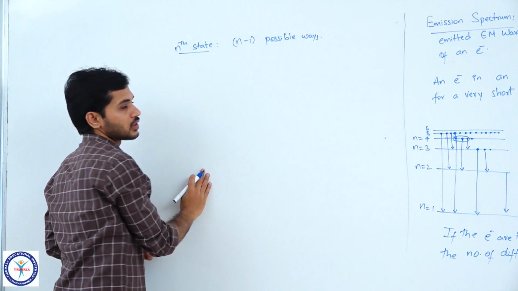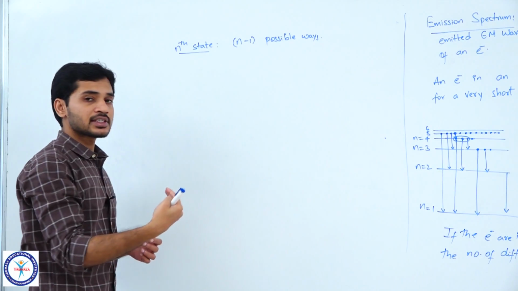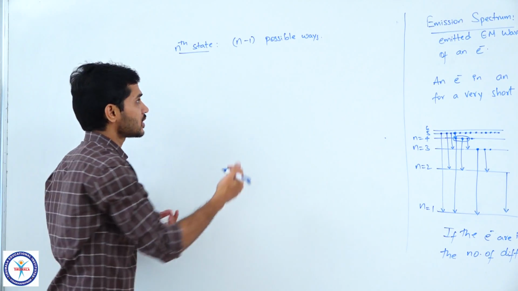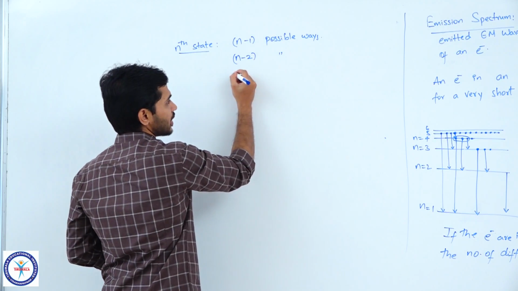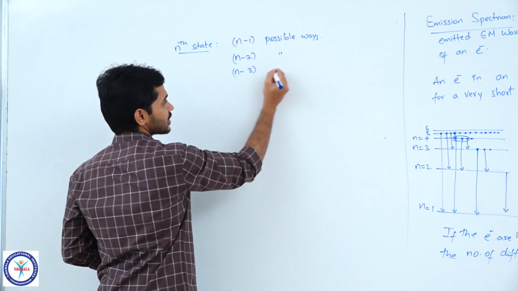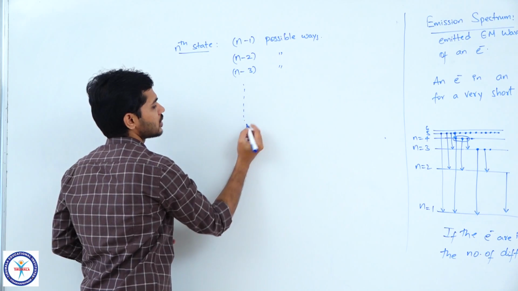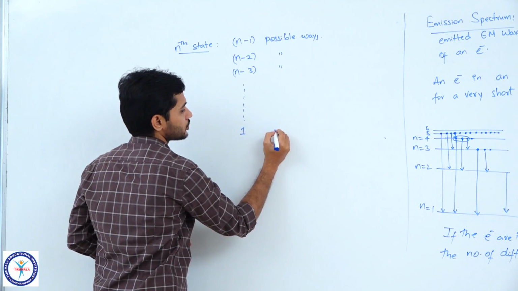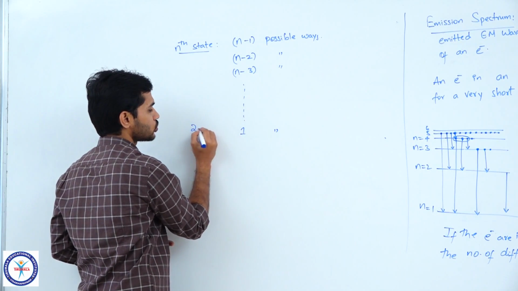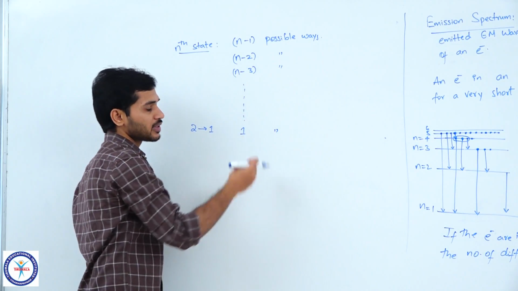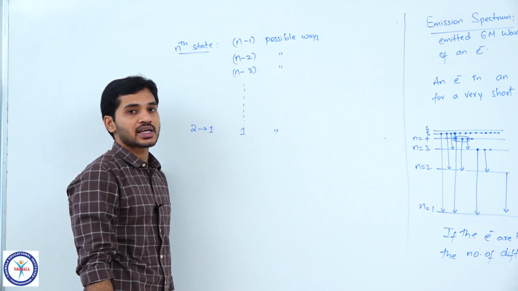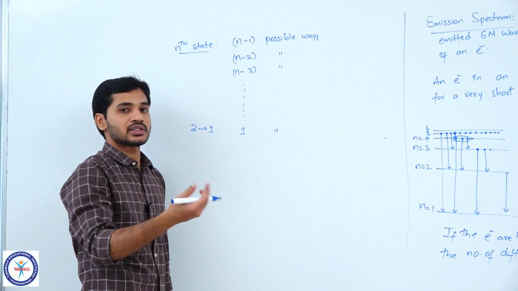Similarly, if I consider an electron in the n minus 1th state, then from there I will have n minus 2 possible ways, and n minus 3 possible ways, and so on till 1 possible way, which is 2 to 1. This corresponds to the 2 to 1 transition, just like we have got there. So these are the possible ways in which the transitions can occur from the nth state downwards.